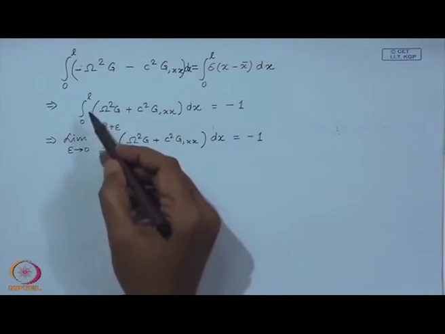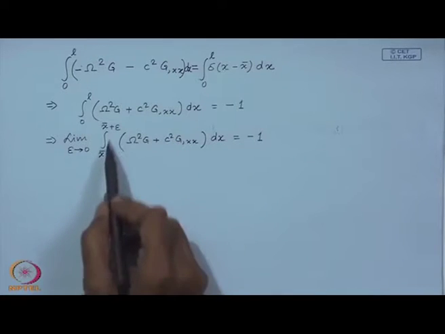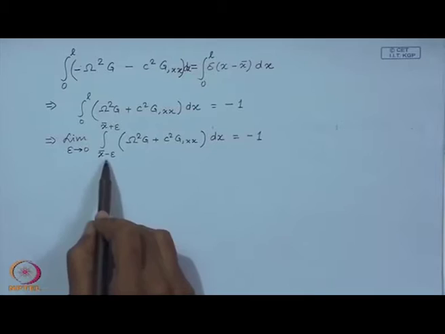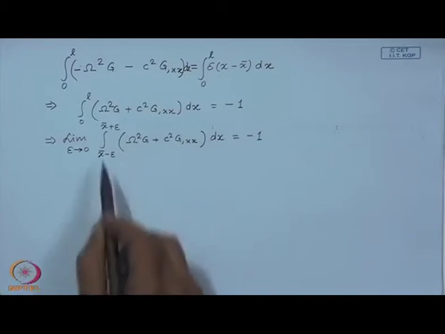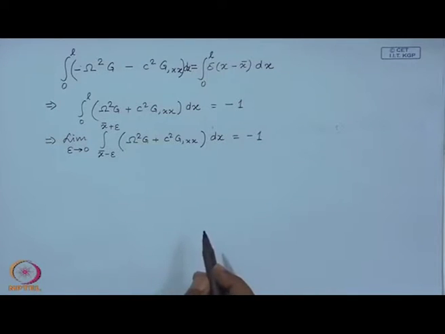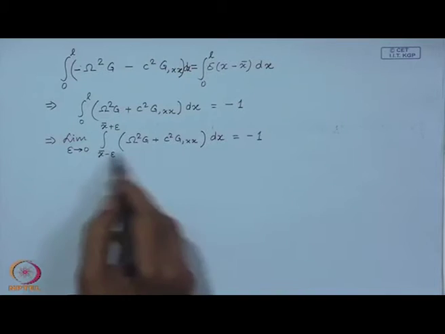From x bar plus epsilon to L, this integrand is again 0. So, it is only in a small region around x equal to x bar that this integrand is non-zero. So, that is what we are interested in finding now.